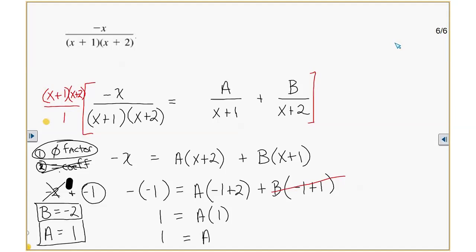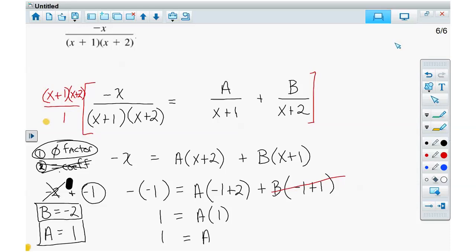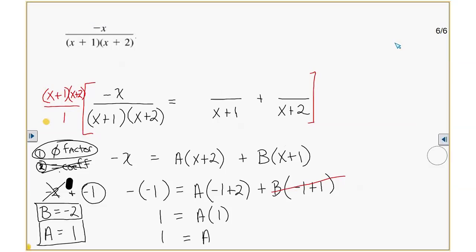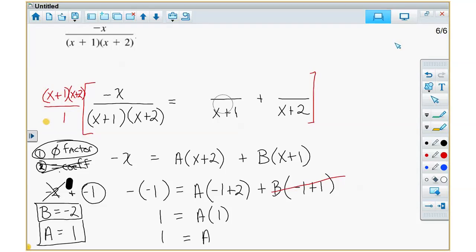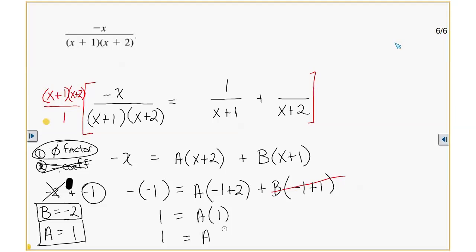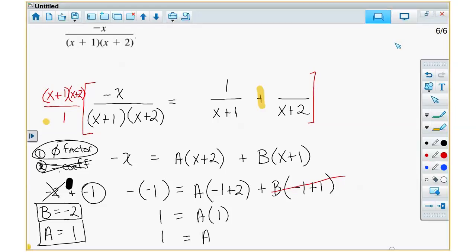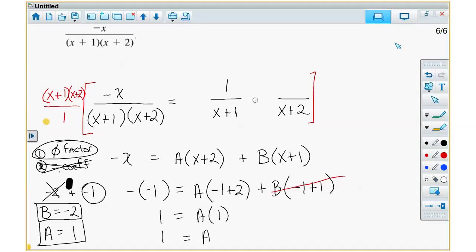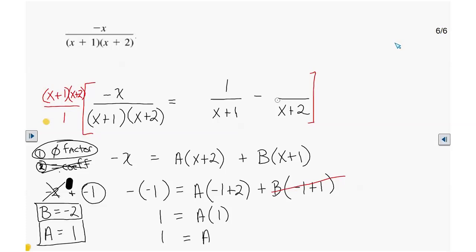So now, instead of dealing with this, you have to deal with 1 over x plus 1 minus 2 over x plus 2.